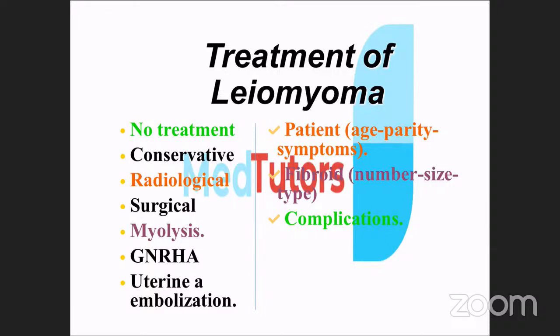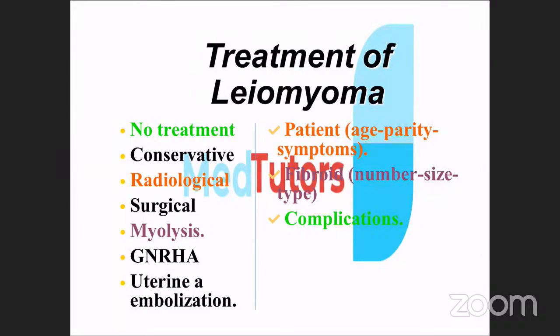So the choice of treatment depends on the patient's symptoms, her age, parity, the number and size of the fibroids, and the type of fibroids, as well as potential complications, or the existence of complications at the time you're seeing her. So this will determine it. If she's perimenopausal, she doesn't want even the uterus, she wants it out, you remove the uterus.